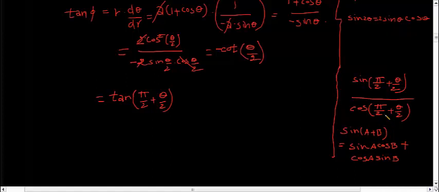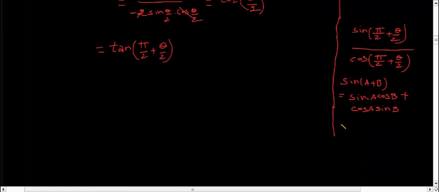Here a is pi by 2 and b is theta by 2. Another identity is cos of a plus b, which is equal to cos a cos b minus sin a sin b.